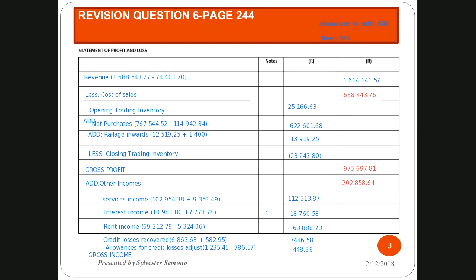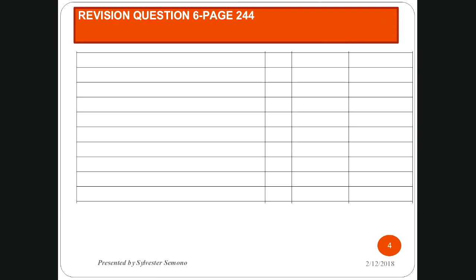So please, note this gross income because when I go to the next slide, it's going to disappear. So when I go to the next slide, I'm going to copy it again so that you can know how they relate to each other. I'm going to switch over to the next slide just to put more information. That's the continuation here, but I'm going to first write this so that we can have control over this. I'm going to copy the gross income we had from the previous slide, just a continuation, just to have structure, guys.